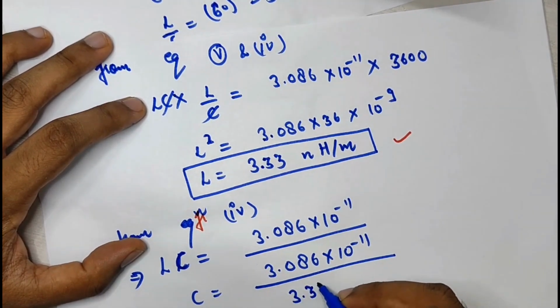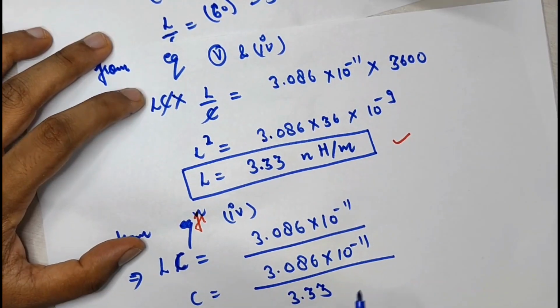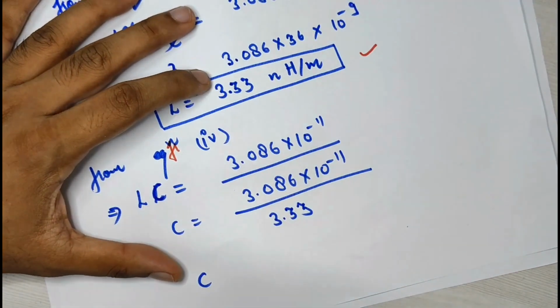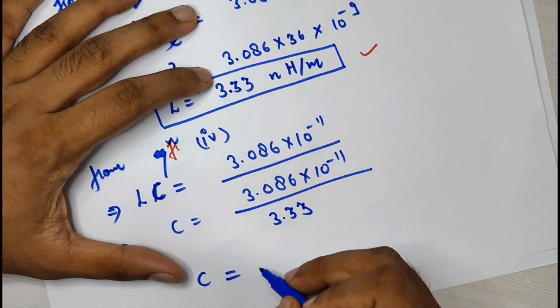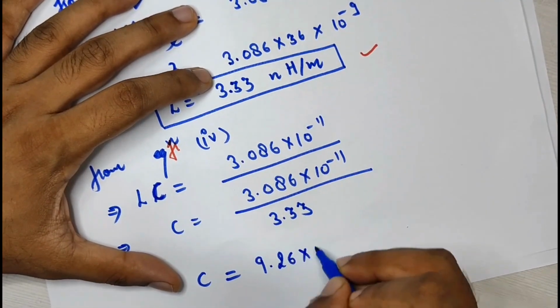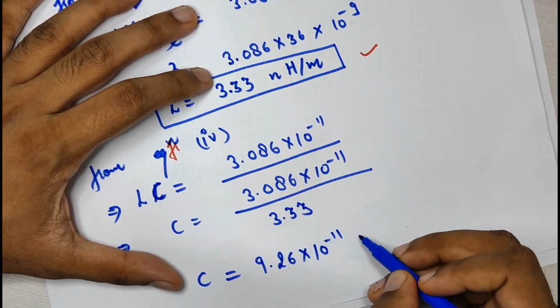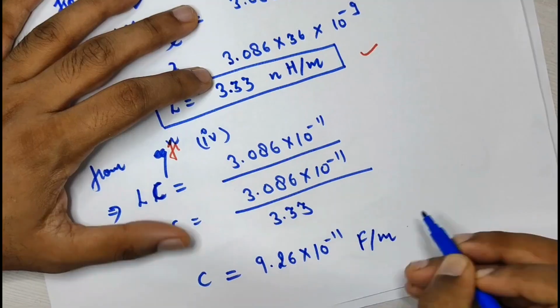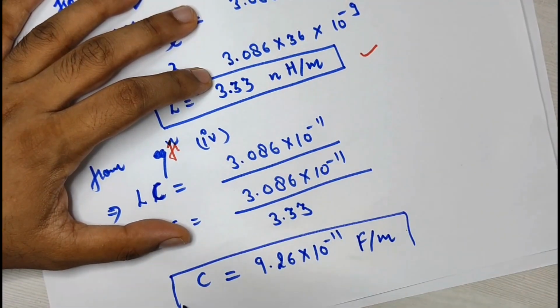This is 3.3. Hence C can be written as 9.26 into 10 to the power minus 11. This is the second value we have got.